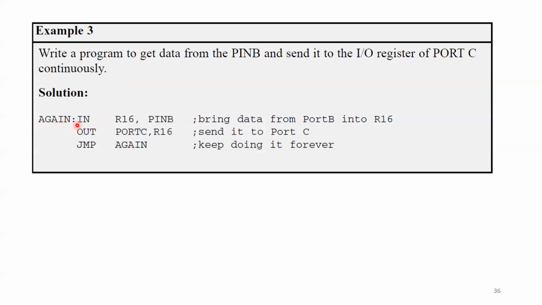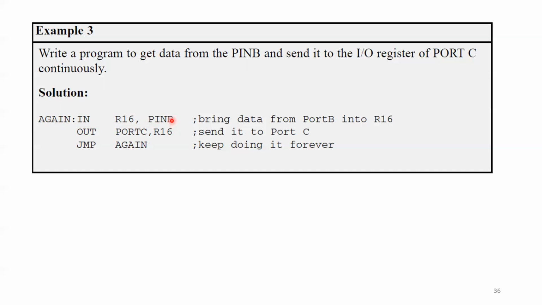You can add whatever name for this line, but once you add a certain string here and add a colon like that, it means this is the name, or the label, of this memory location. Okay, so again, and then I will write the syntax, which is IN R16, PINB.